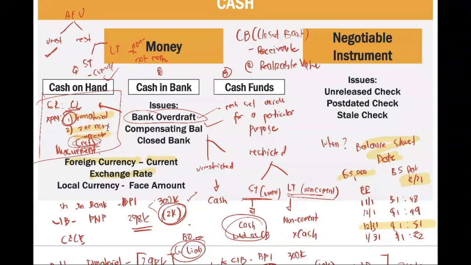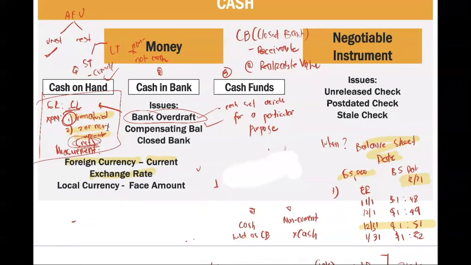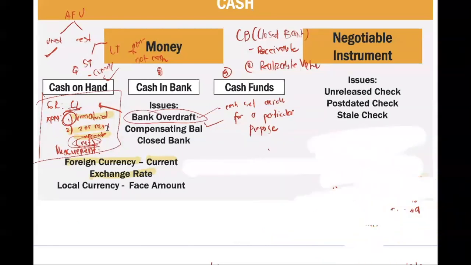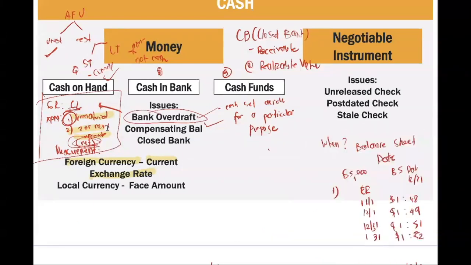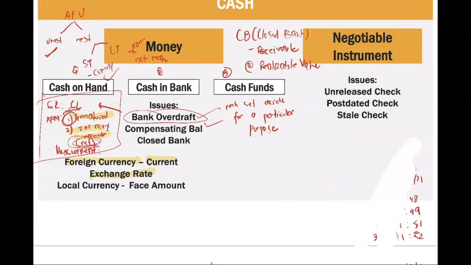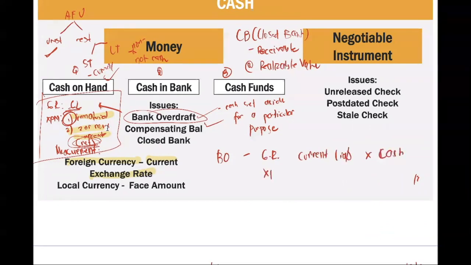Okay, so let's review the different issues as to your cash. What are the issues as to your cash in bank? The first issue that we have discussed is your bank overdraft. General rule, this is considered a current liability, therefore not cash. Exception to the rule, meaning we net it to cash balance. What are those exceptions?